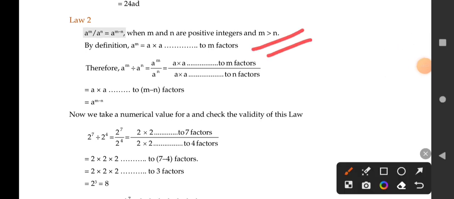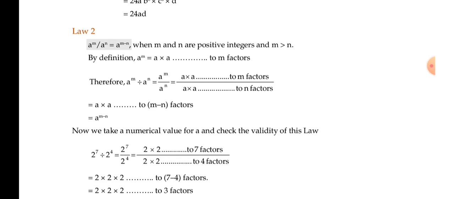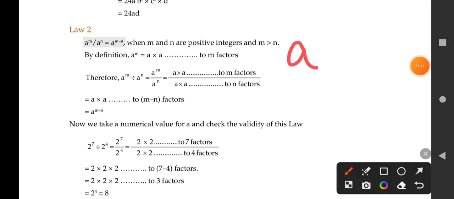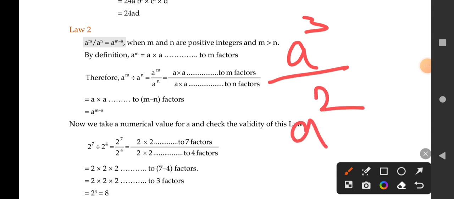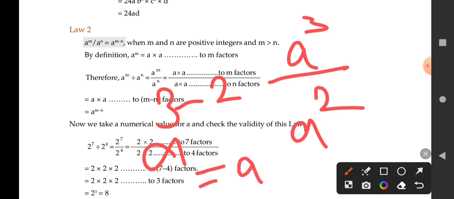Let us check with equations and with numbers. What is a power 3 divided by a power 2? It is a power 3 minus 2, which is equals to a power 1 equals to a.